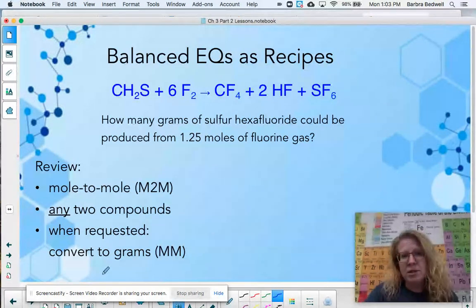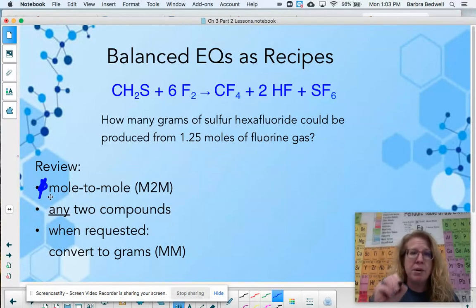So this is what we're going to do in this particular video: take a look at the sequence of events that happens in one of these typical stoichiometry problems. Now, again, in stoichiometry, these ratios are always moles to moles. That's what I've got right over here. It's always moles to moles whenever you're looking at those coefficients from the balanced chemical equation.